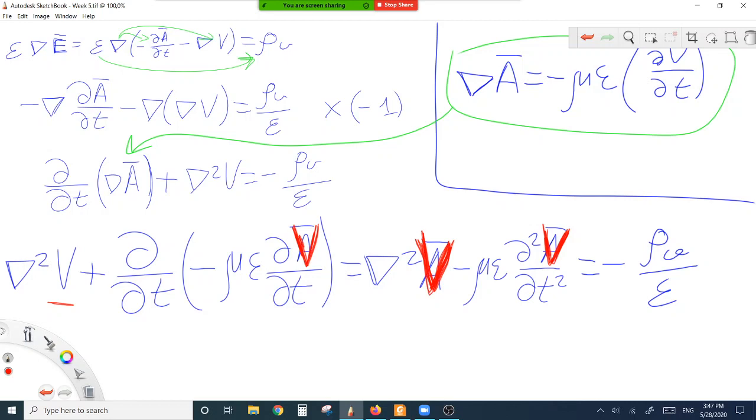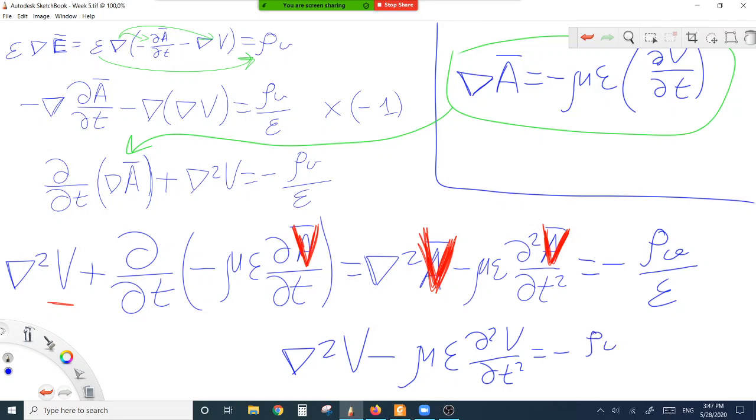I don't know. And finally, we get the Laplacian of V minus mu epsilon d squared V over dt squared is equal to minus rho V over epsilon.